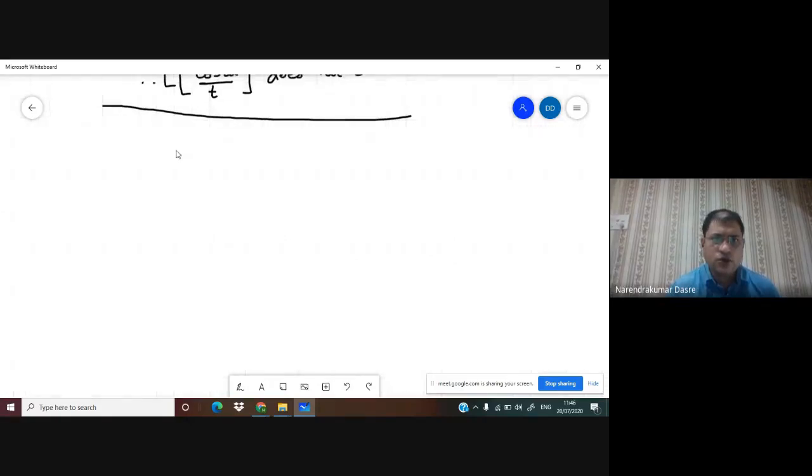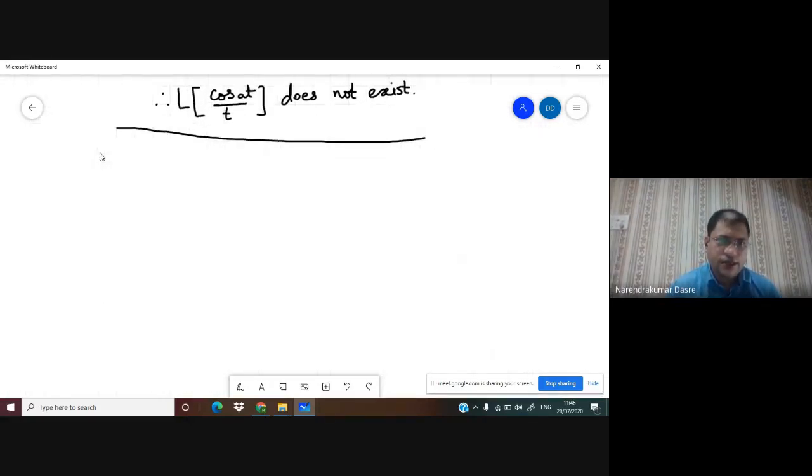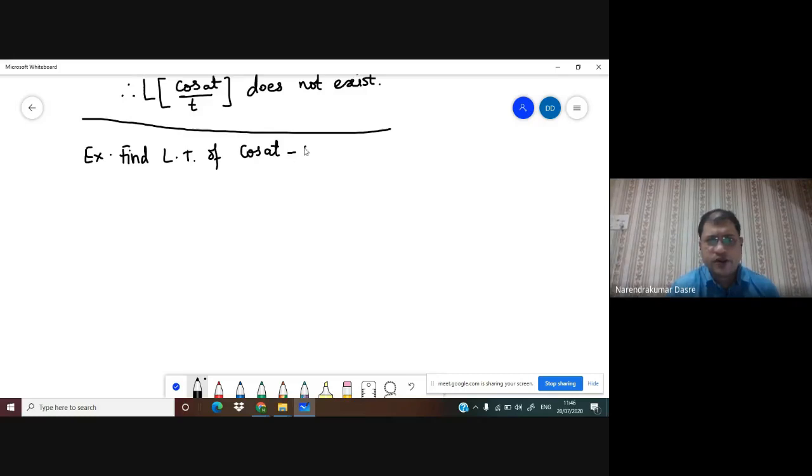We'll go with one more example, and here see how the terms behave. Find the Laplace transform of cos of at minus cos of bt upon t.